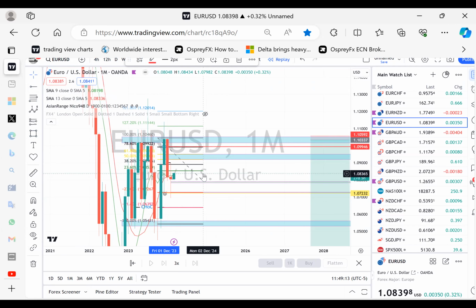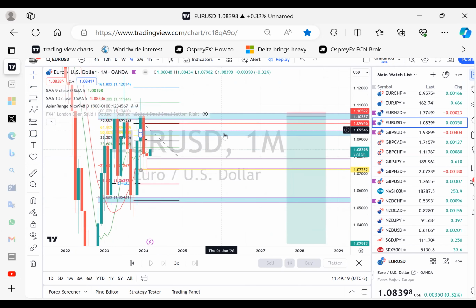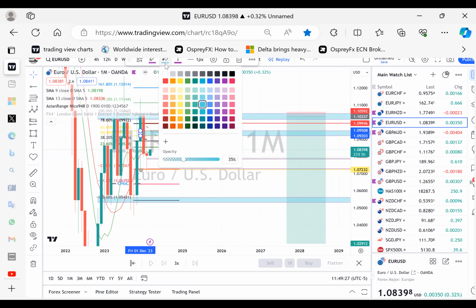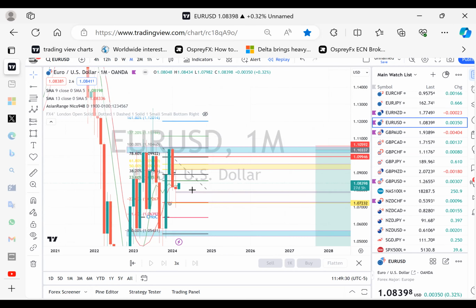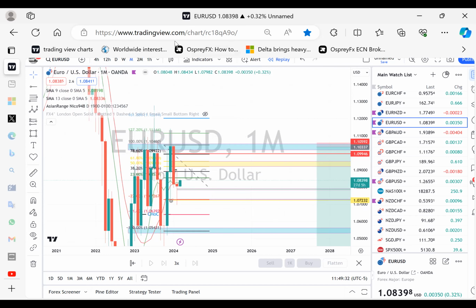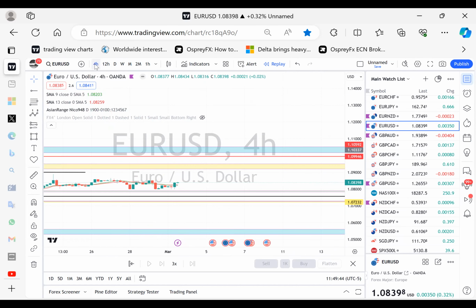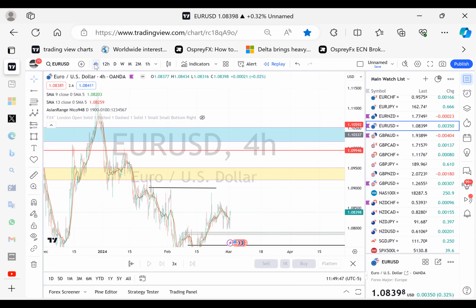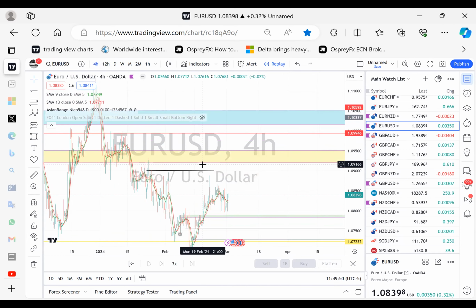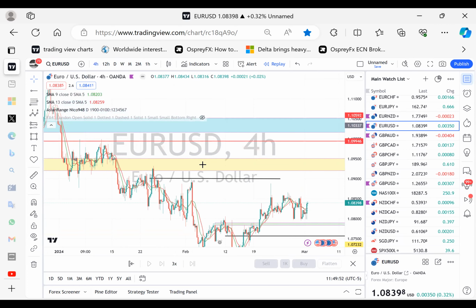All right, so I marked my golden zone here. I'm going to change the color because I already got another blue mark. I'm going to delete the fib. So this is the zone that we need to hit for that bearish order block.